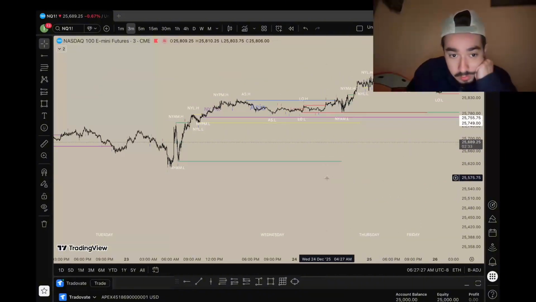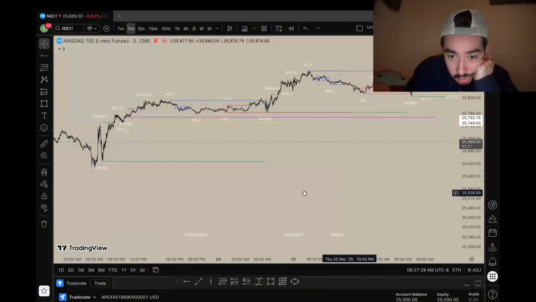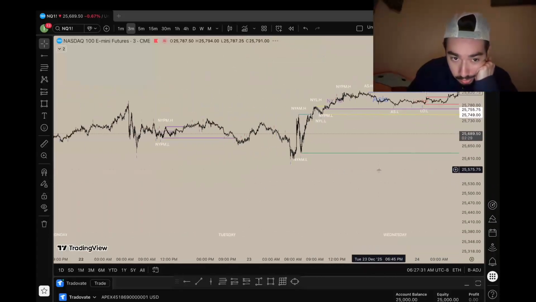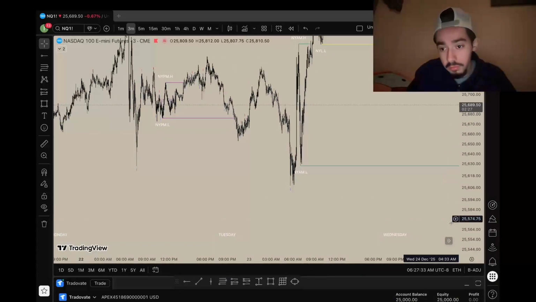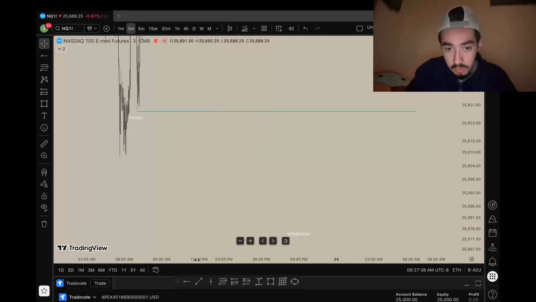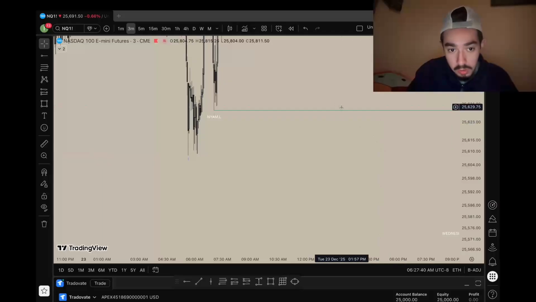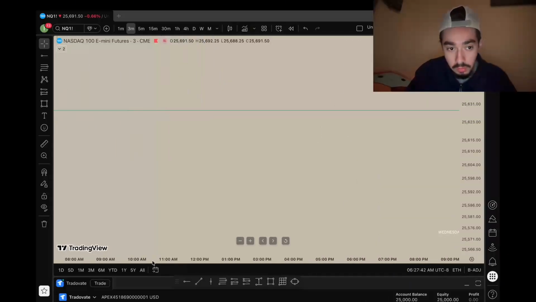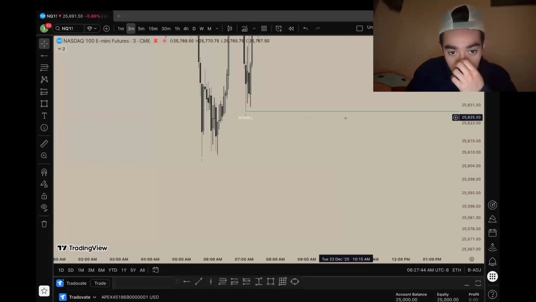For now, I'm looking at any levels that we could touch if we are bearish as well. So in this case, I'm going to mark these out right here actually. This is a level that we could touch.